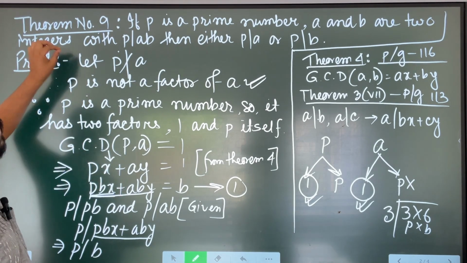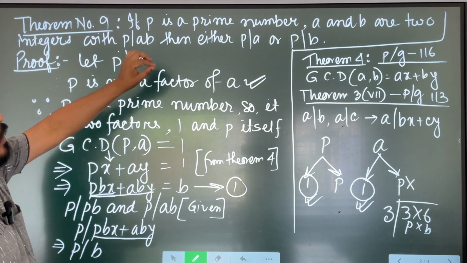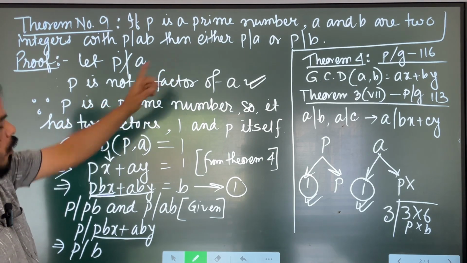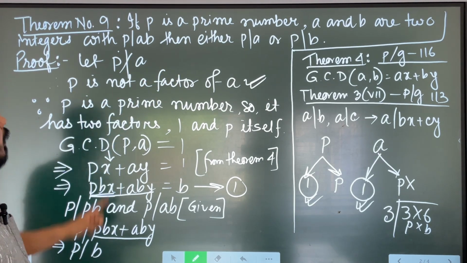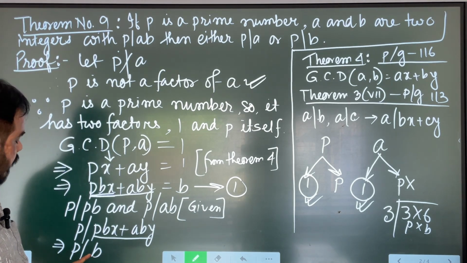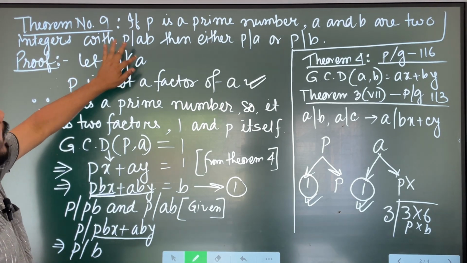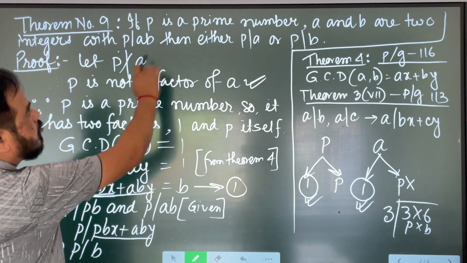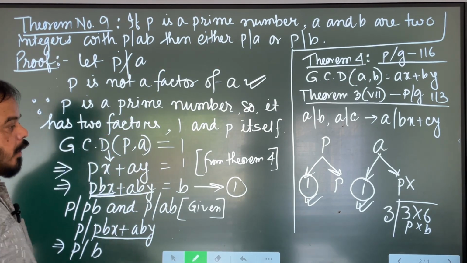So from this we can write that P is a prime number, A and B two integers. If P divides AB, then either P divides A or P divides B. If P does not divide A, then P divides B. I hope you understand. If in place of A we write B, then we can conclude A. So this is written in the book.